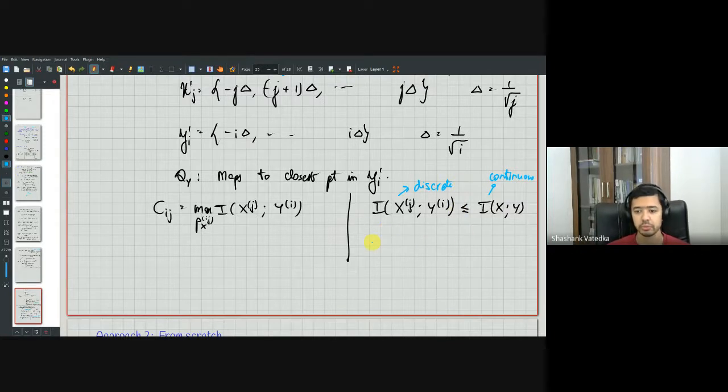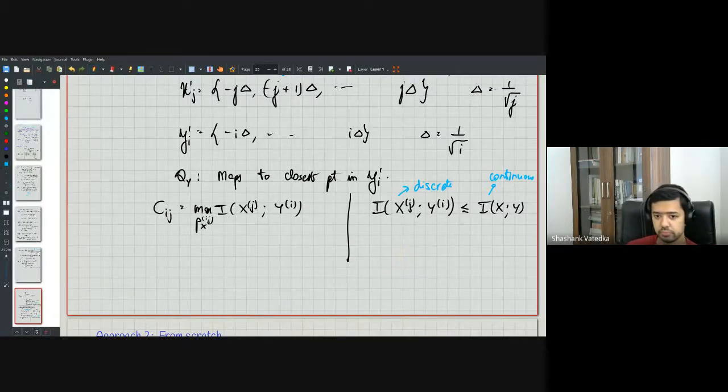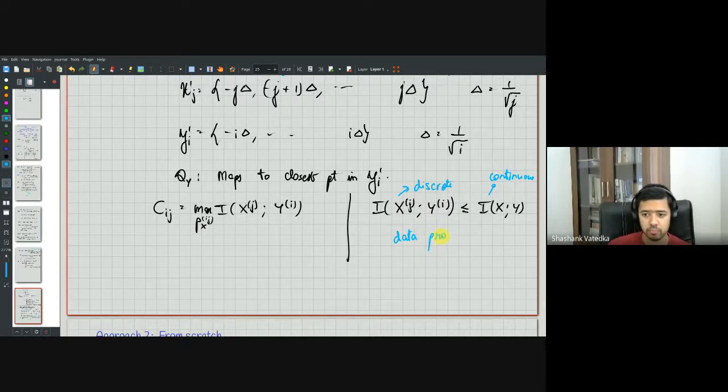So why is this statement true? Data processing. Exactly. It follows from the data processing inequality, right? So this is obviously going to be less than or equal to the actual mutual information.